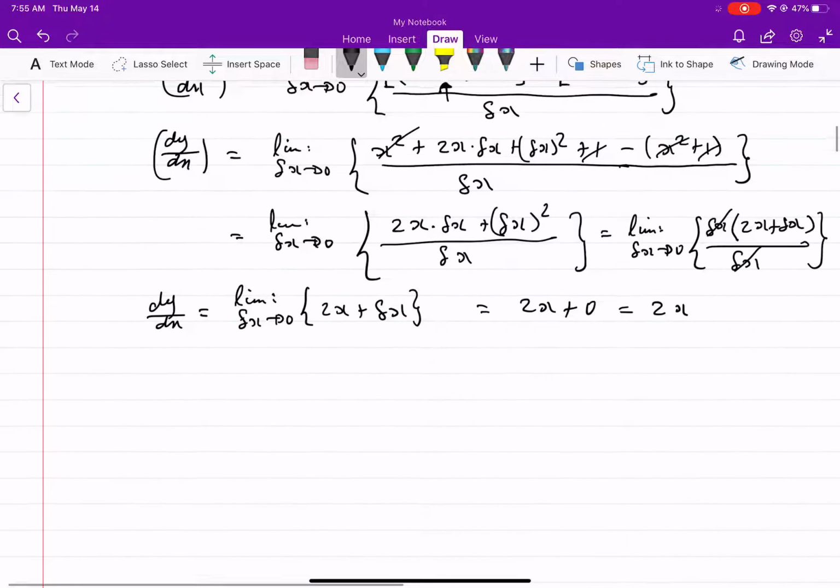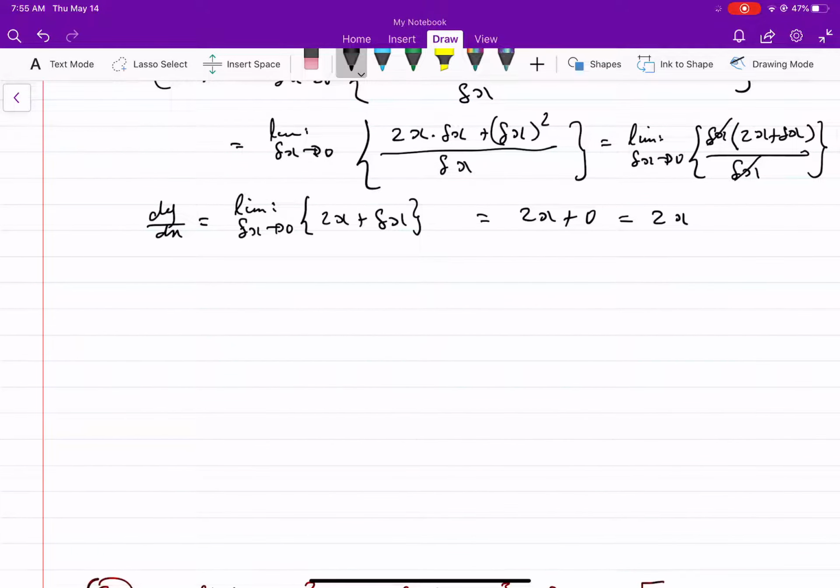Not that dy/dx is wrong, because f prime as well as dy/dx both mean the same thing. So dy/dx or f prime of x is 2x in this case, given that f of x or y was x squared plus 1.